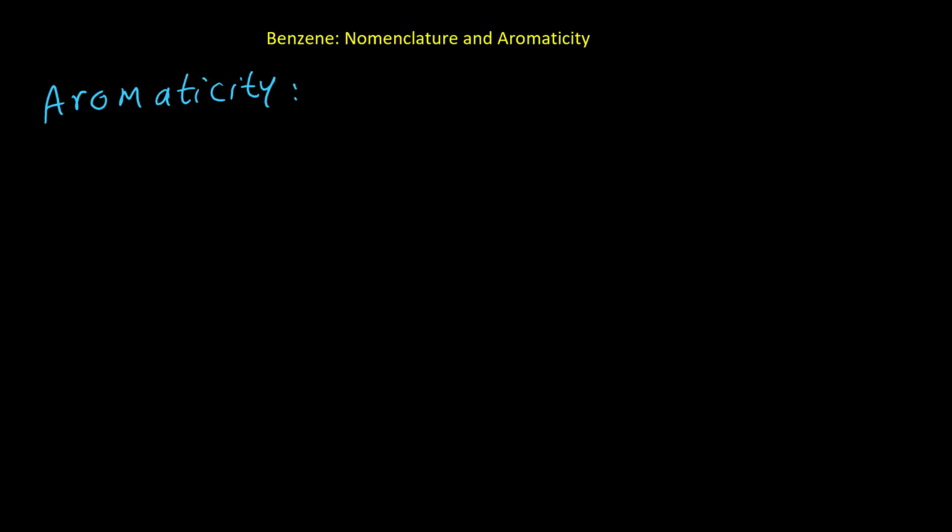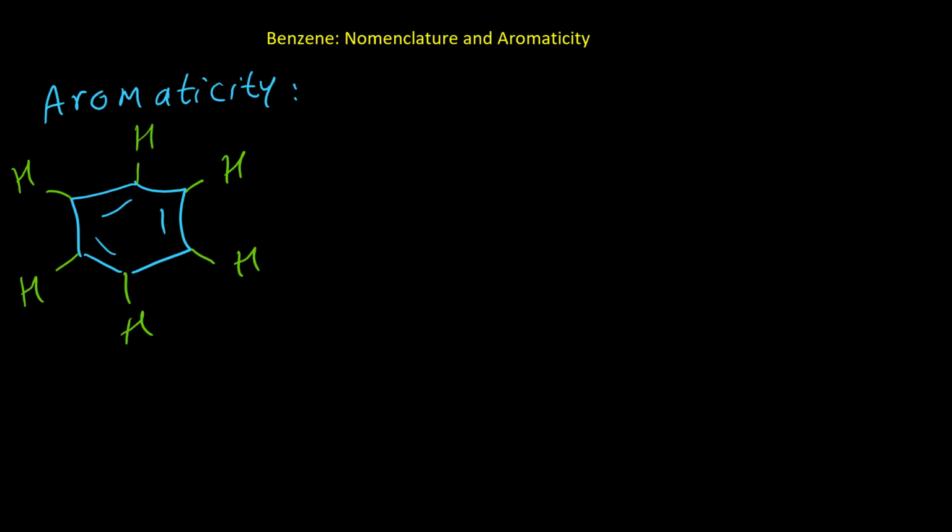So let's start to talk about the benzene property and explain what aromaticity is. This is the structure for benzene, 6 carbons and 6 hydrogens. As you can see here, this structure has 3 double bonds and it is a conjugated compound.